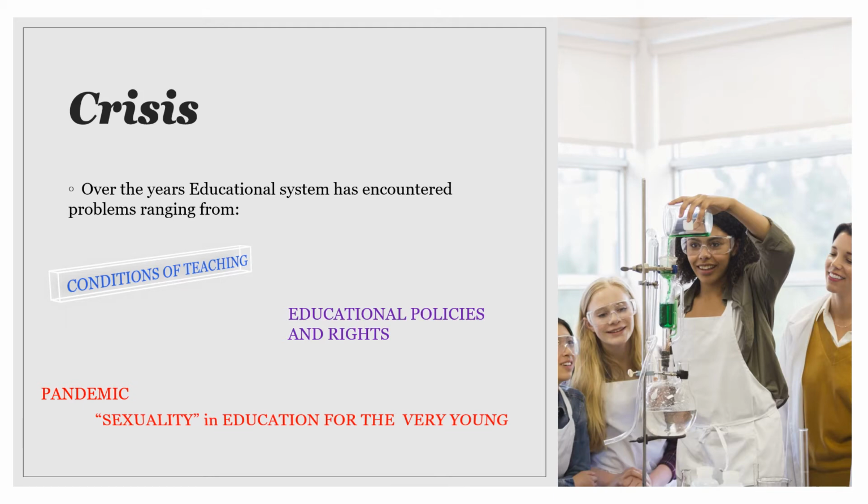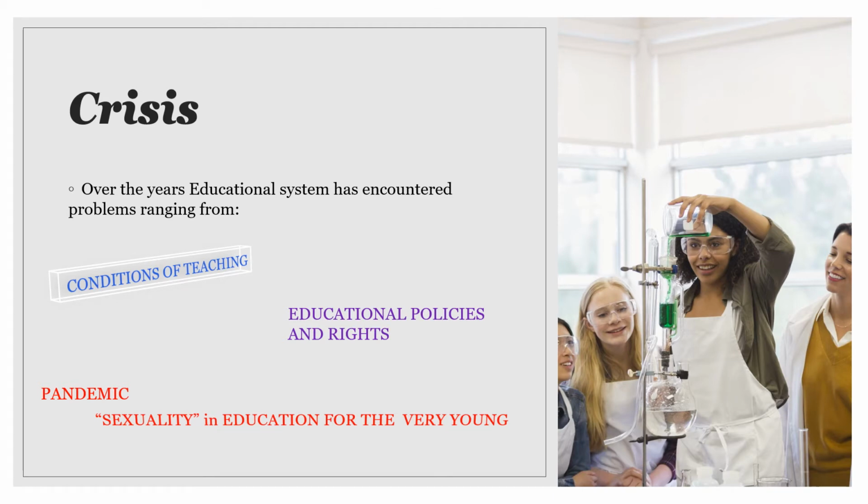And then we go to educational policies and rights, where the issue of race is raised, the issue of religion is raised, the issue of sexuality is raised. And then to top it all, the pandemic that hit the world at large affected the educational system a lot, because people went from in-person attendance to remote learning, which has brought down the curve of the educational level of students.